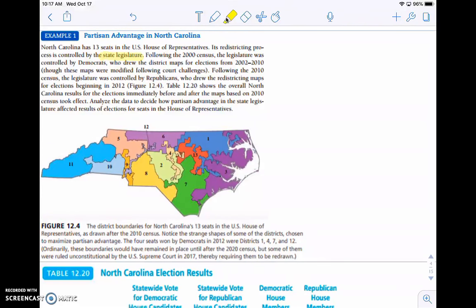Following the 2000 census, the legislature was controlled by Democrats, who drew the district maps for the elections from 2002 to 2010. Though these maps were actually modified following some court challenges, and you can read about this down here at the bottom. Following the 2010 census, the legislature was controlled by the Republicans, who drew the redistricting map for the elections beginning in 2012.